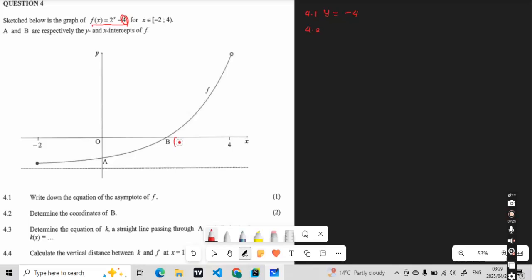We do not know the x value of B, but we definitely know the y value to be 0. Remember, this is the x-intercept. The graph is intersecting with the x-axis, so y is equal to 0.